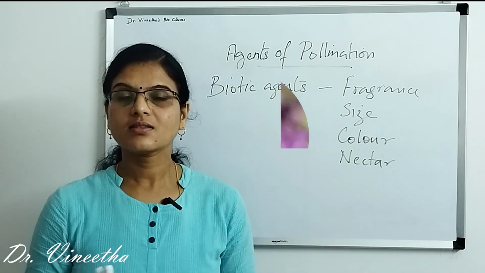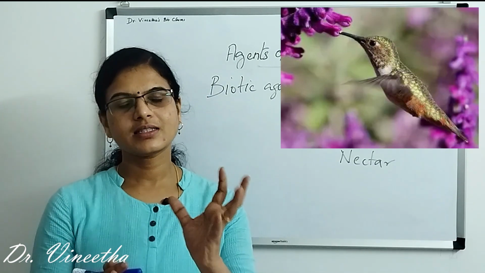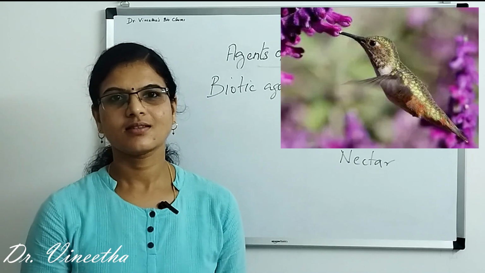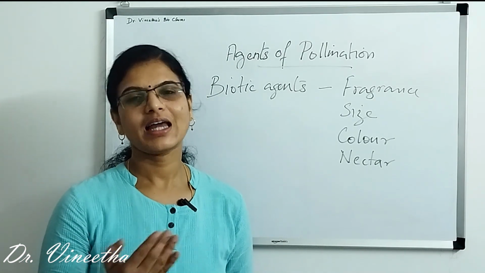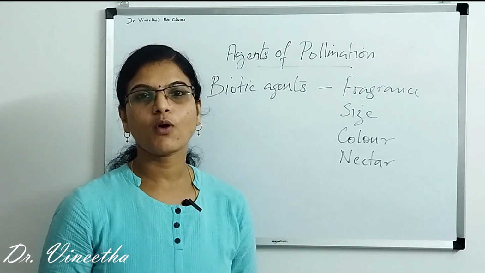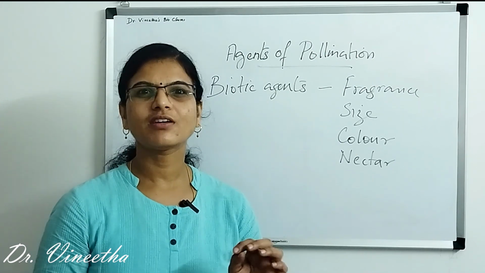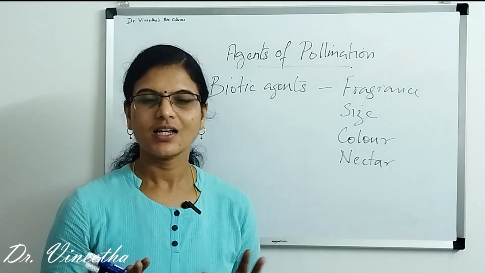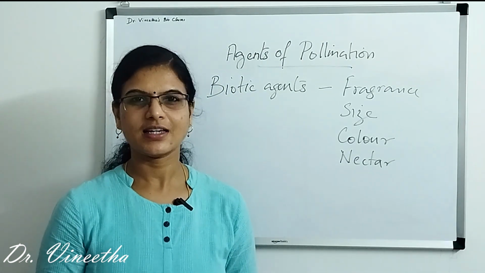In case the flowers are small, there will be an inflorescence so that it can attract the insects. So these are the peculiarities of flowers which are animal pollinated. And certain flowers which are pollinated by the beetles and the flies have a very foul smell because that is for attracting the beetles and the flies.